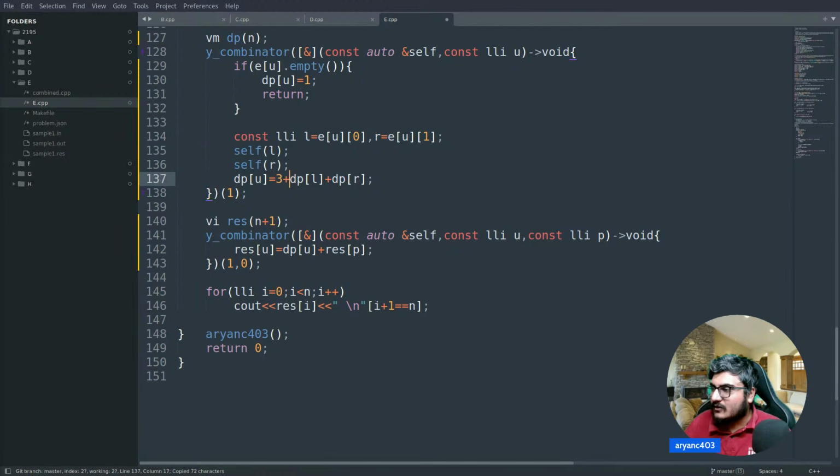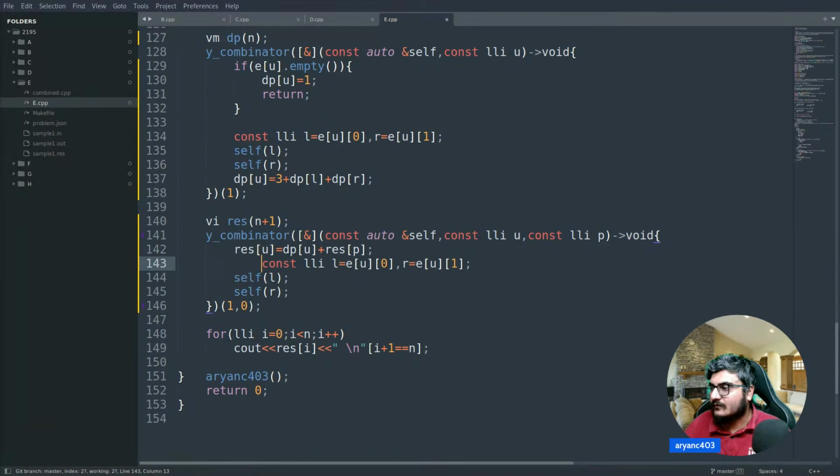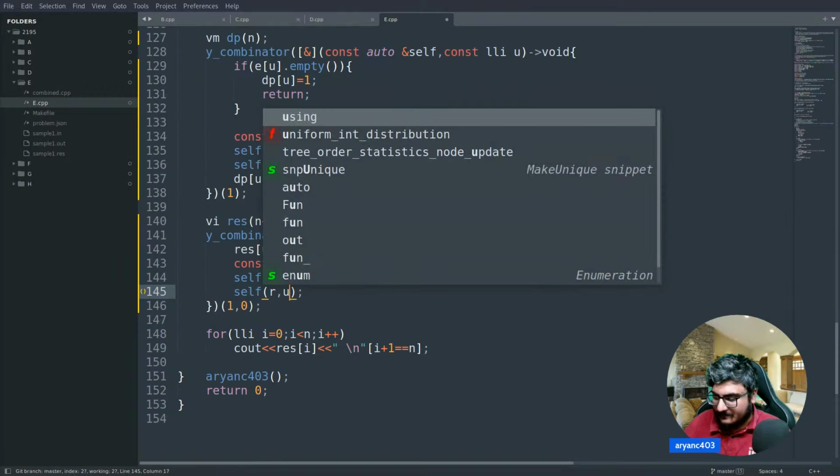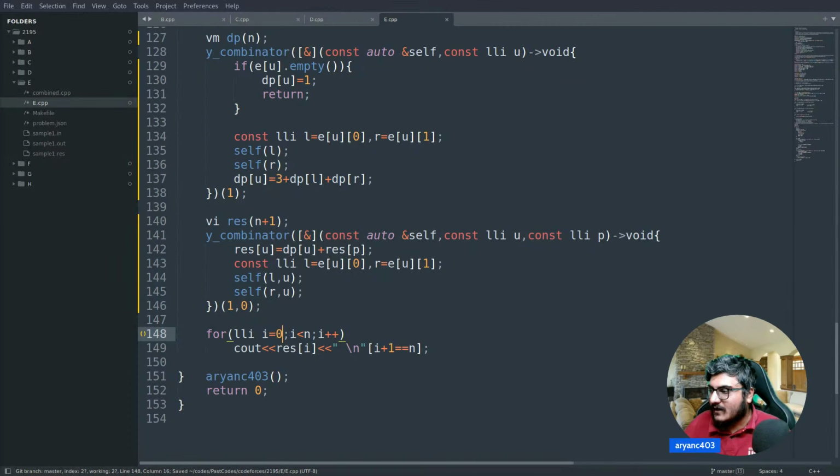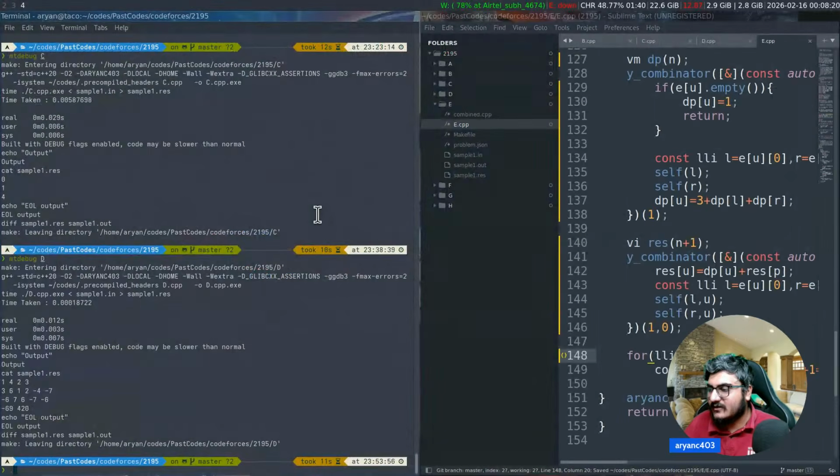Now run this for all the children of U as well. Now print the answer for all 1 to n. So this is the idea for problem E. Any questions, anyone?